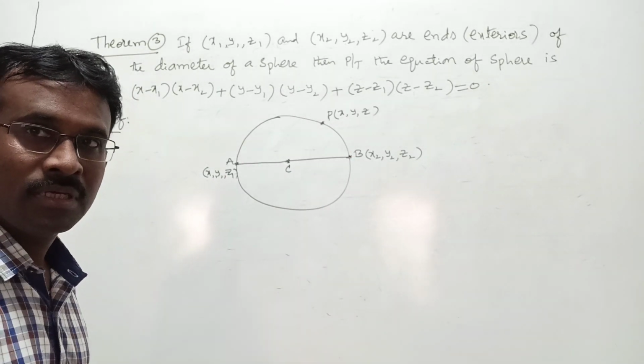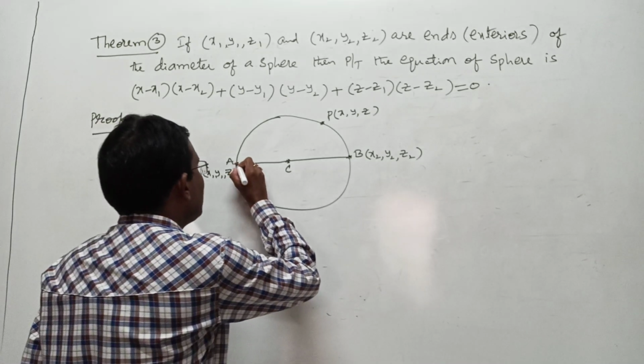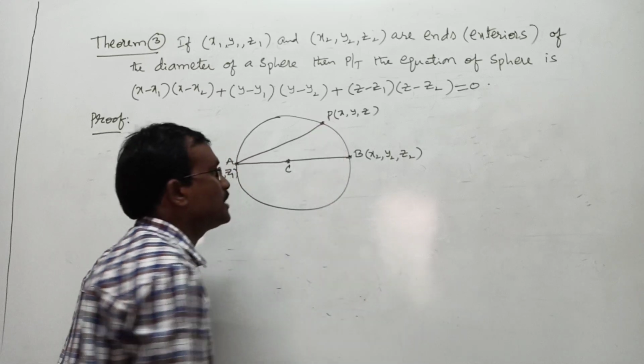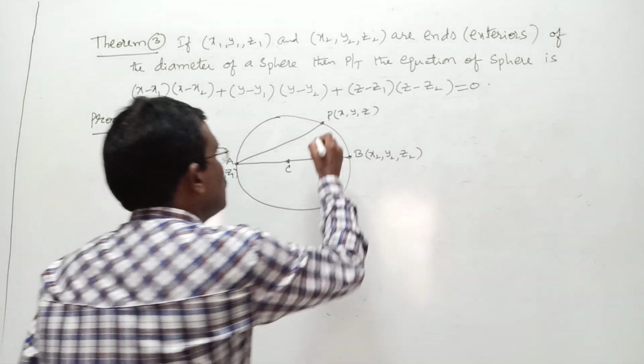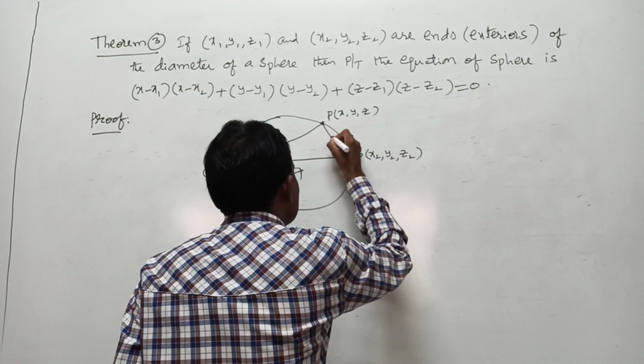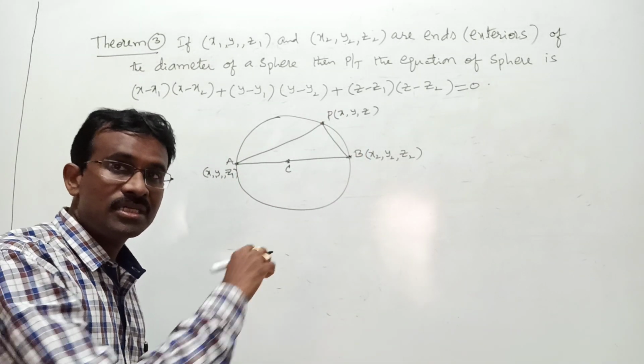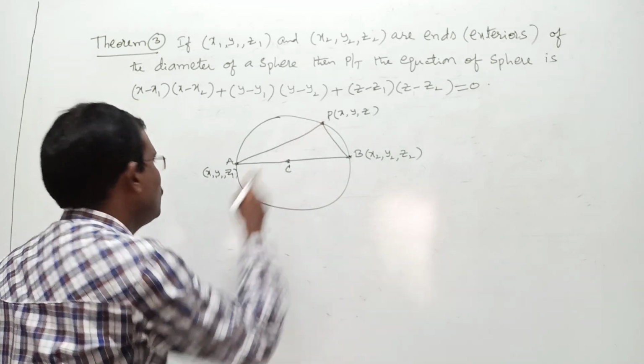After that let us go through direction ratios of the lines. First find direction ratios of line AP, and after that direction ratios of line BP. Before that I want to write this.